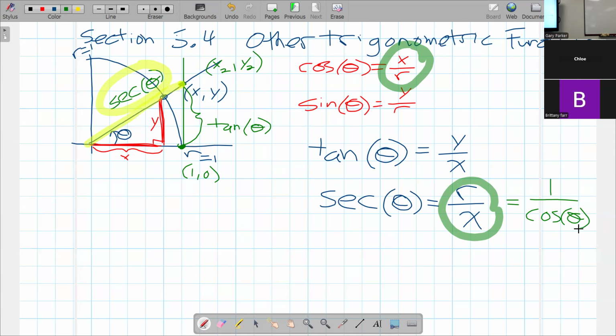Also, if you were to take the sine and divide by the cosine, the r's divide out, and you would get y over x. So an alternative way to define the tangent is the sine of that same angle divided by the cosine of that same angle.